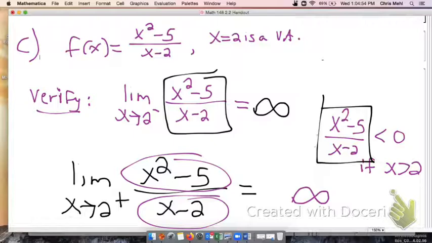You can plug something like 3 in. 3 squared minus 5 is positive, and actually 3 minus 2 in the denominator is also positive. This might be a mistake on my part.